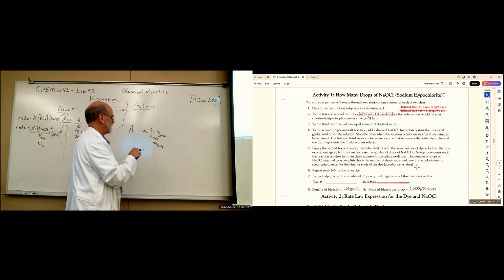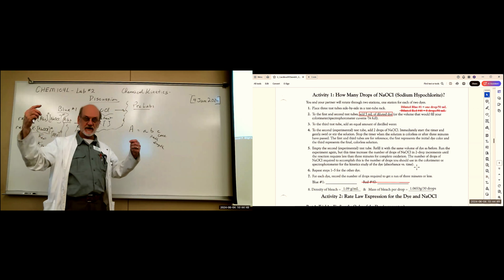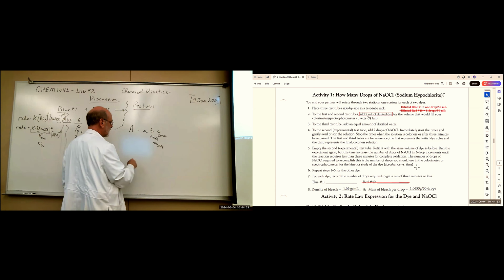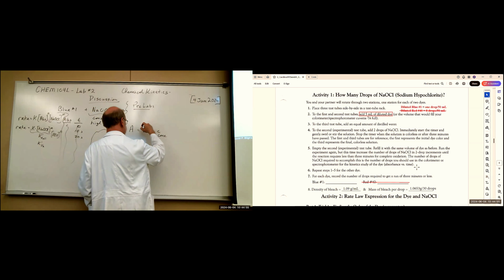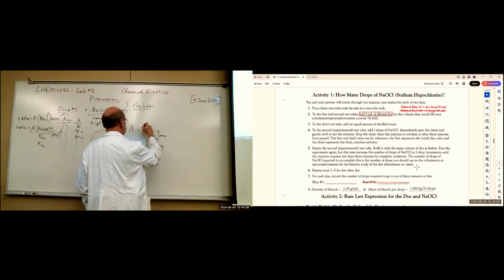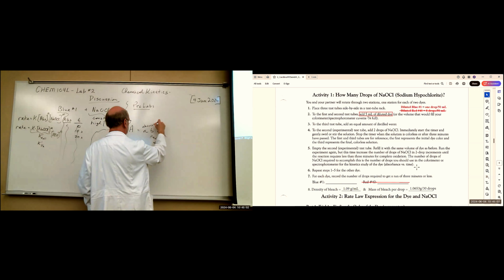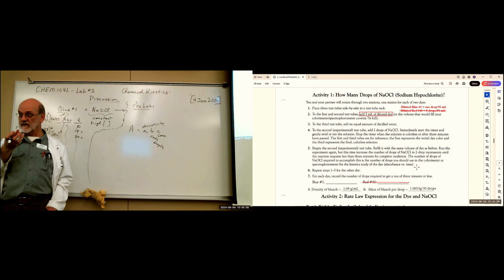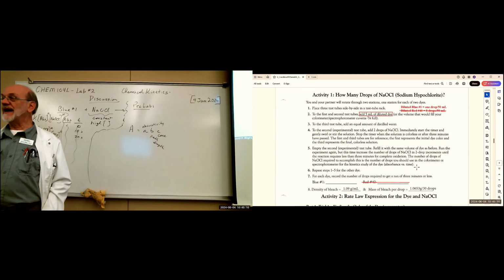So the longer the path length, the more absorbance you get, because the light has to travel through a greater distance of your chemical. And then A is the absorptivity, which is characteristic of the molecule itself, what we call the chromophore, the part of the molecule that absorbs light.